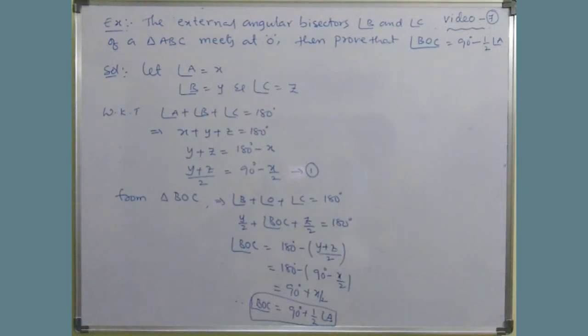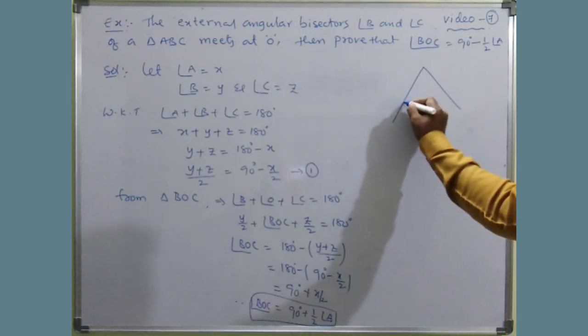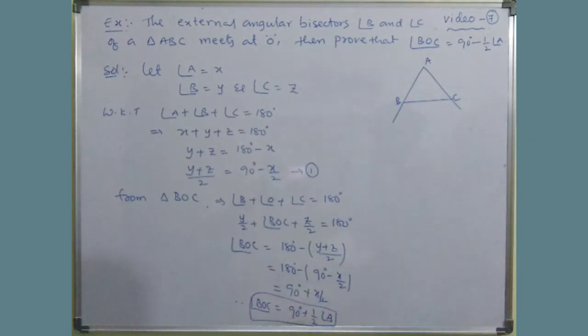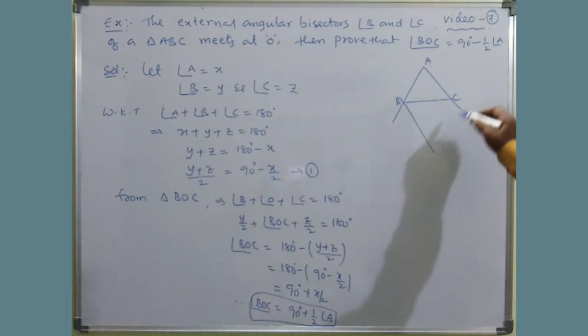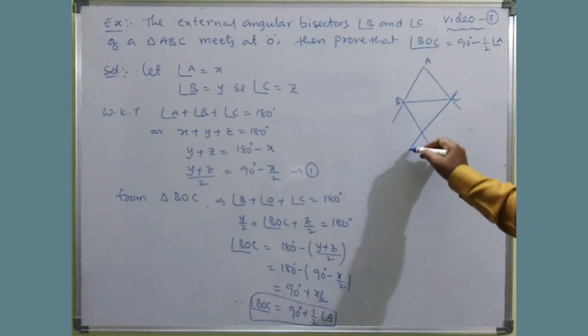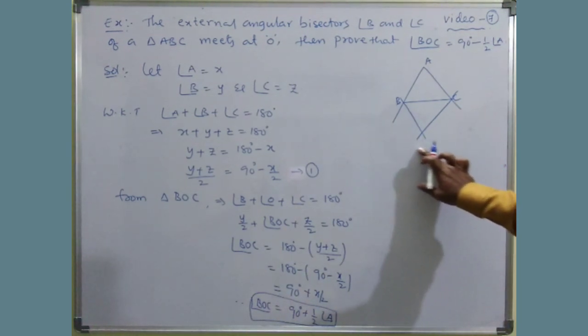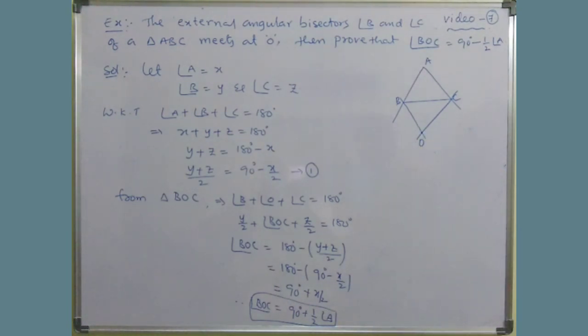Okay. So look at this diagram now. Suppose this is a triangle ABC. Now we want the external bisector of B as well as the external angular bisector of C. They both meet at a point, say some O. Fine.